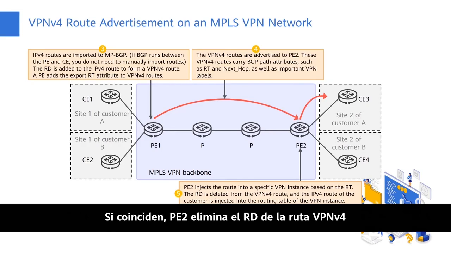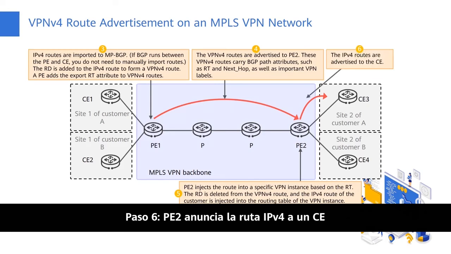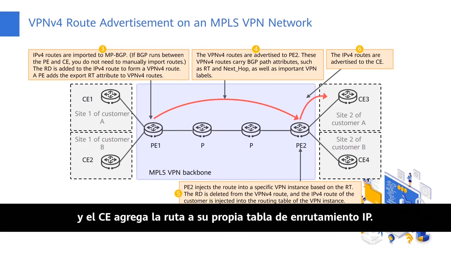If they match, PE2 removes the RD from the VPN v4 route and injects the IPv4 route to a specific VPN instance. Step 6. PE2 advertises the IPv4 route to a CE through a BGP peer relationship, and the CE adds the route to its own IP routing table.